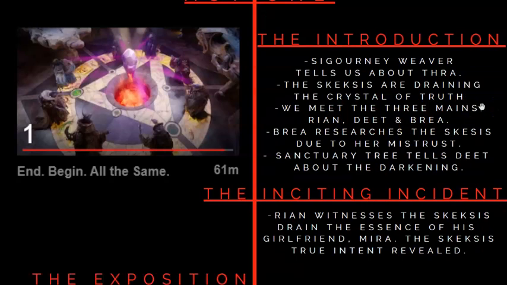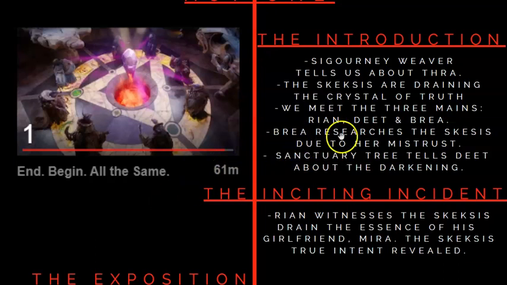We learn about them, their pros and cons, who they are as characters. Rian wants to be a warrior or a great hero, but he fools around too much. Brea is endlessly searching for answers, and she creates much trouble for herself and her family due to her constant search for knowledge.